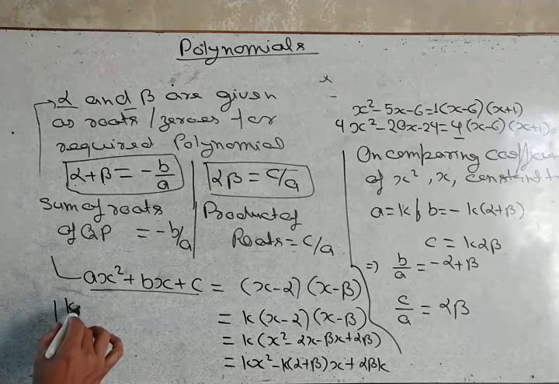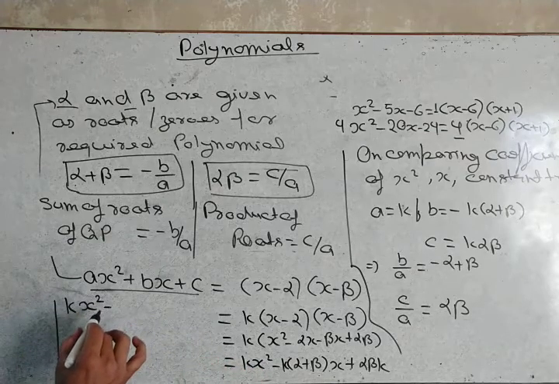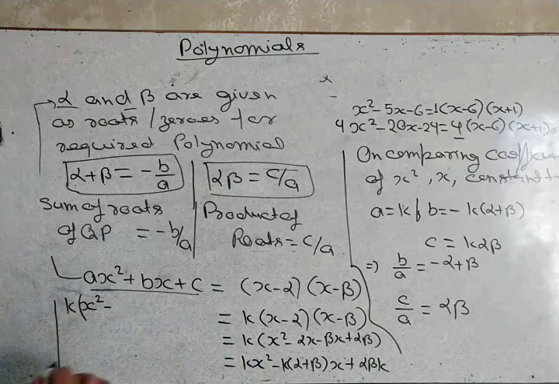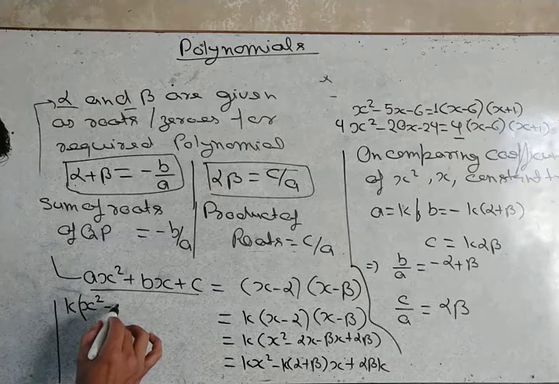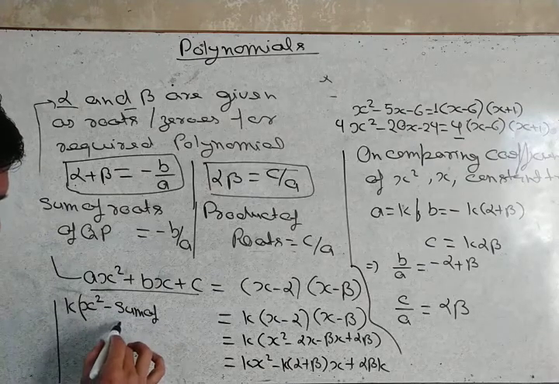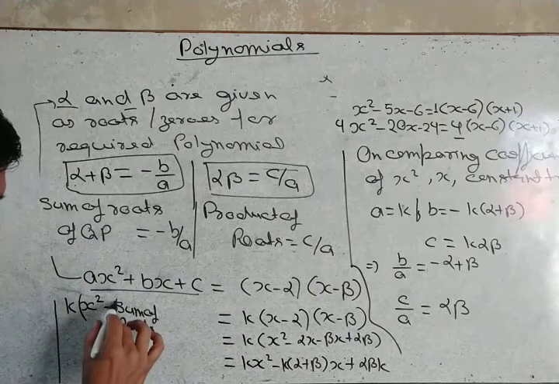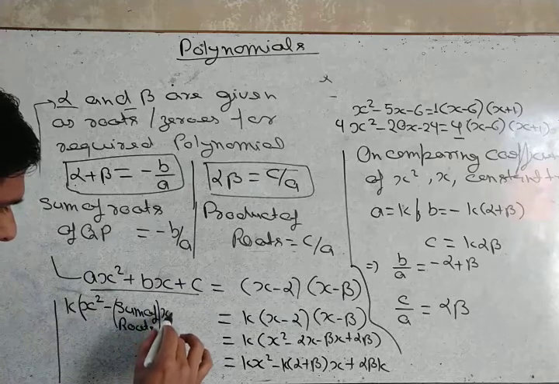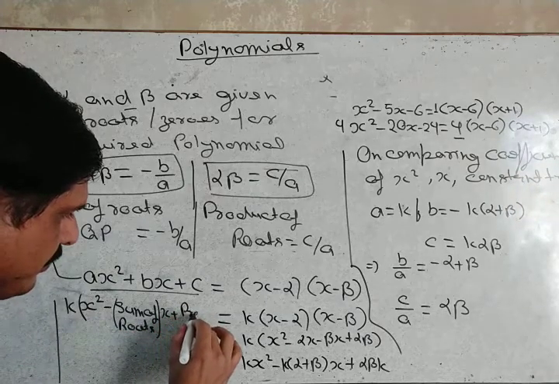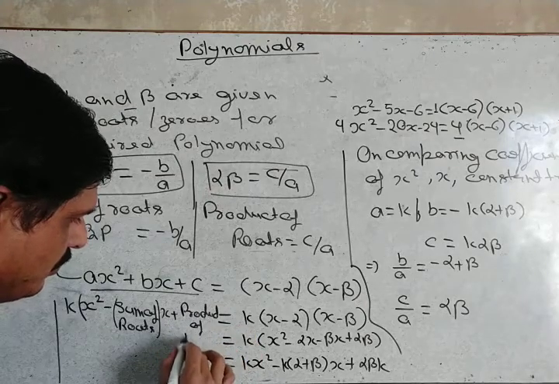So the polynomial is k times x square minus the sum of roots times x plus the product of roots.